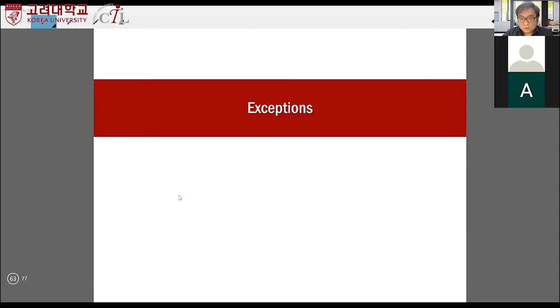Okay, so in the previous class, we learned about the exception. The exception is some rare event in the computer processor. That's why this event is called exception. So what is the normal event in the computer processor?